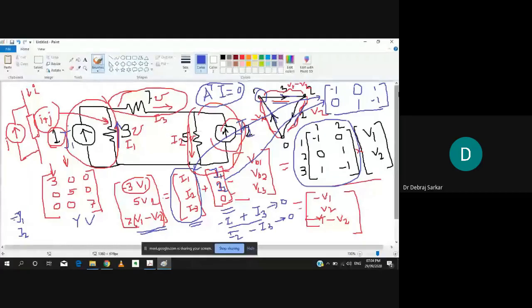Just tell me what is the answer; I'm getting confused. Multiply this A transpose matrix with J. So you have minus J1, J2, and this would be 0. So this would be my J matrix.